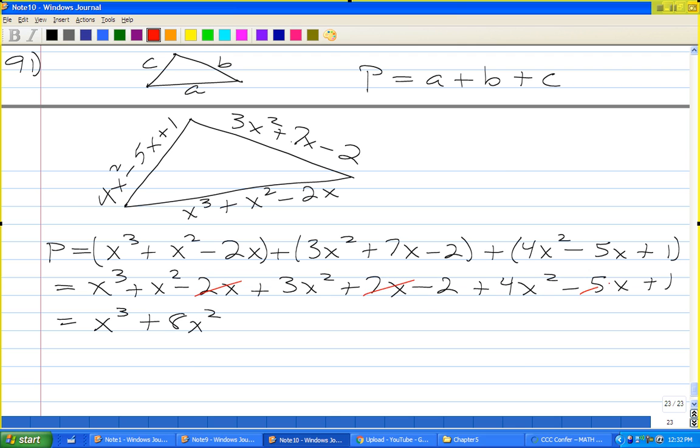So these all cancel. 1 minus 2 is a negative 1. And that is your perimeter for the given triangle.